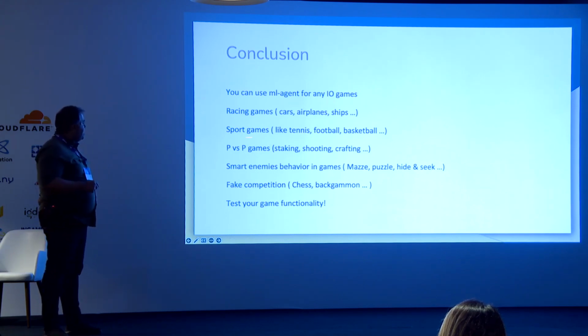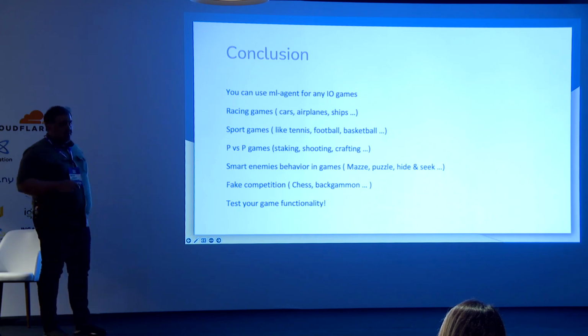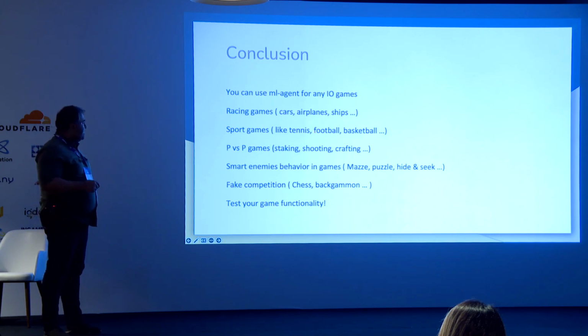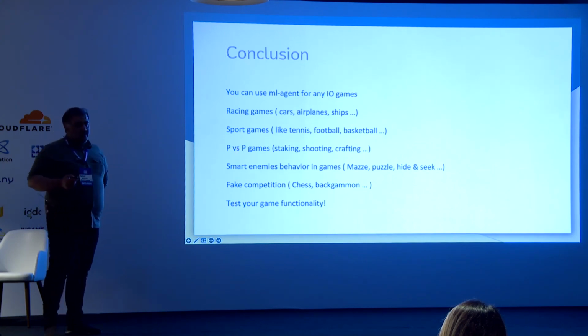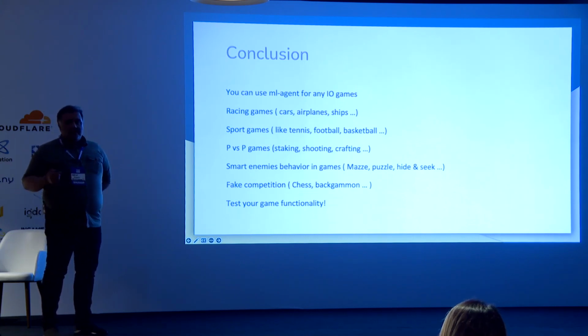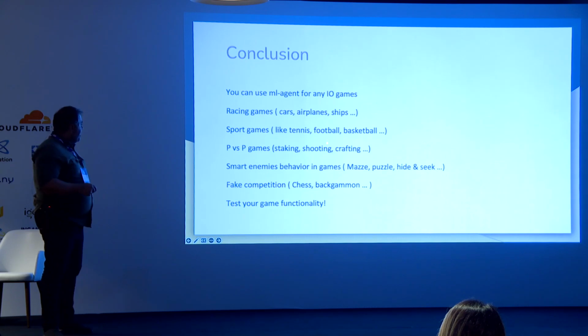You can implement it in sports games to play tennis, football, or basketball. There are tons of examples for implementing, like football or tennis games, for ML agent. Also, you can use it for P2P games, so the player feels that he's playing against another competitor online.